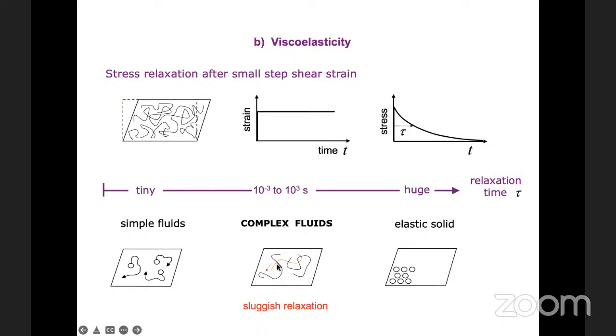But because they're so much bigger than water molecules, and in the case of chain-like polymer molecules they're also entangled with each other, the timescale for these molecules to refresh their configuration, and thereby relax the shear stress produced in them when the strain is applied, is very much longer. And it's that timescale for the reconfiguration of the substructures that is the timescale on which we see the stress decay.